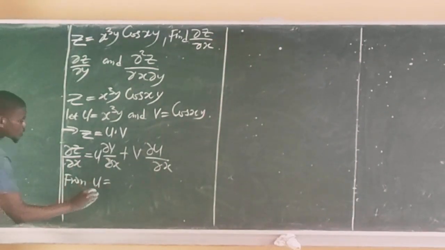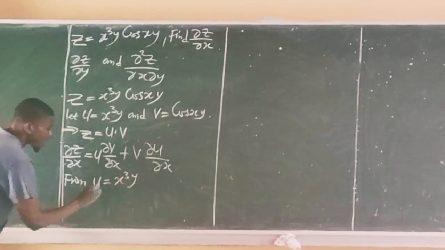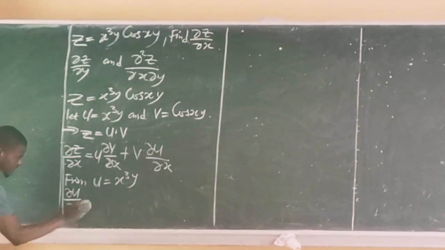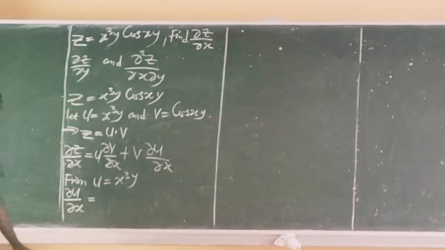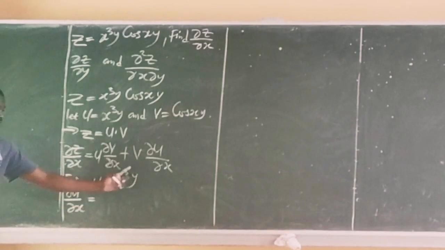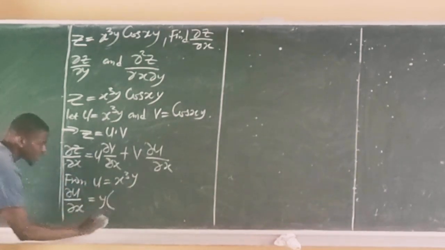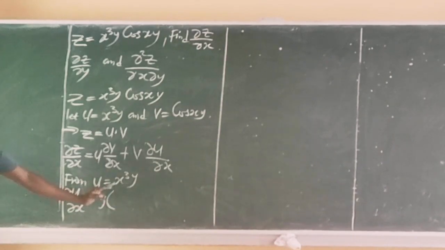from u is equal to x cubed y, partial derivative of u with respect to x. From the formula method, since I'm differentiating u with respect to x, it means I will consider y as constant. So keep y as constant, then differentiate x. To differentiate x, simply use the power of x to multiply x.